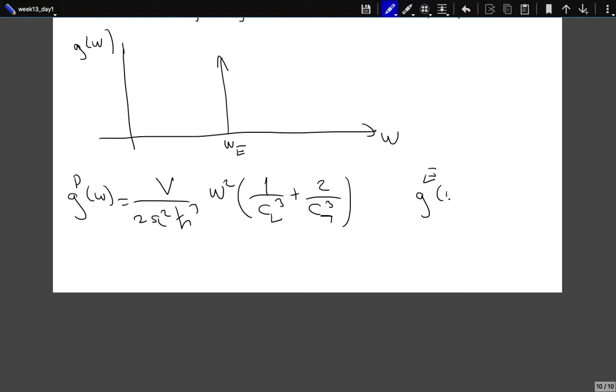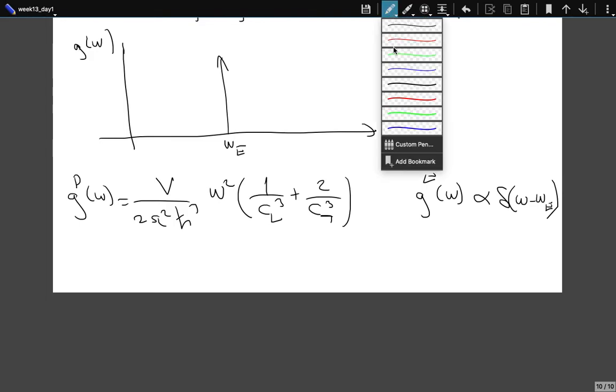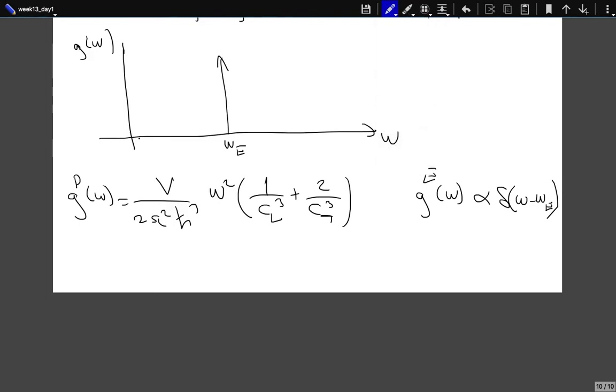The Einstein model will be proportional to delta of omega minus omega E, just a single frequency. This is the Debye model.